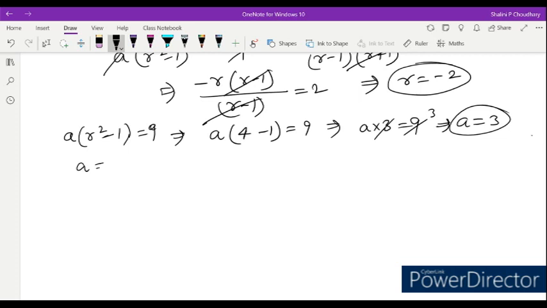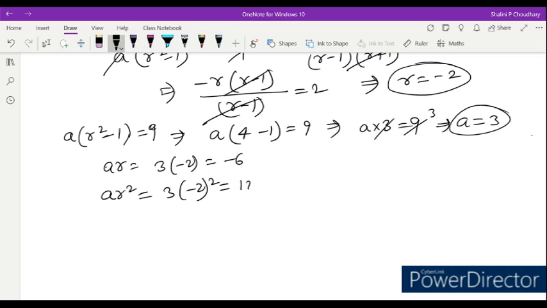The first term a will be 3, and the second term ar will be equal to 3 into minus 2, that will be minus 6. The third term will be ar square, 3 into (minus 2) square, so 3 into 4 will be 12.